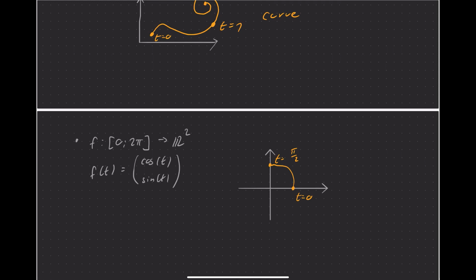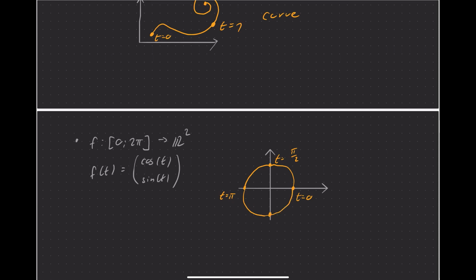What happens next is the cosine, the first coordinate, goes into the negatives, while the sine, the second coordinate, starts to decrease again, until we get to this point here, and that corresponds to the time pi. And again, we get a movement somehow like this. And then you can imagine how that would continue.